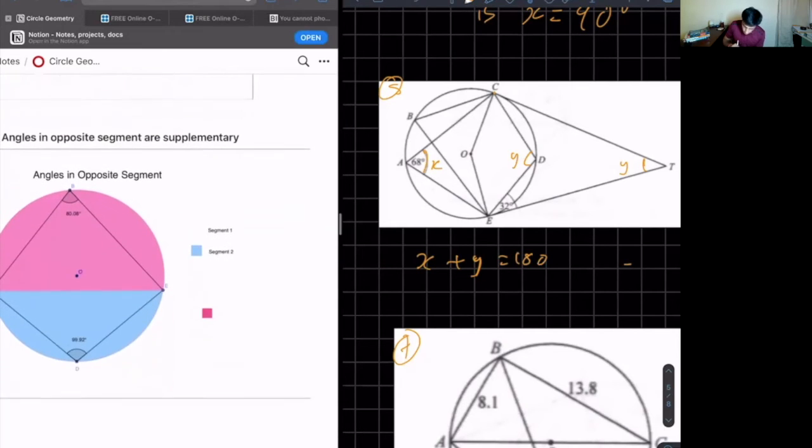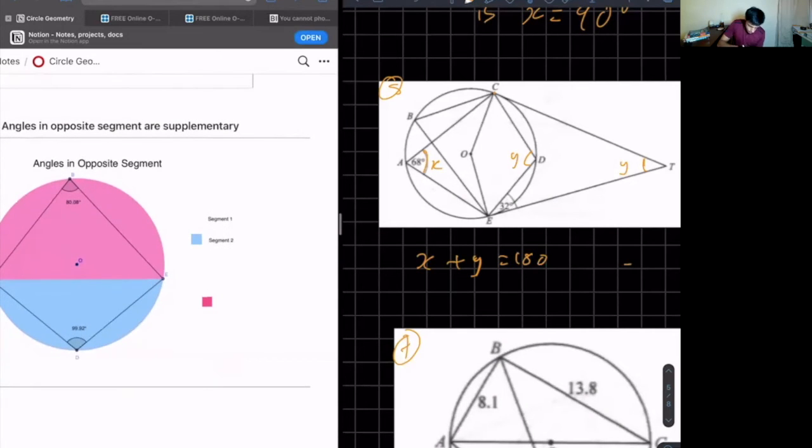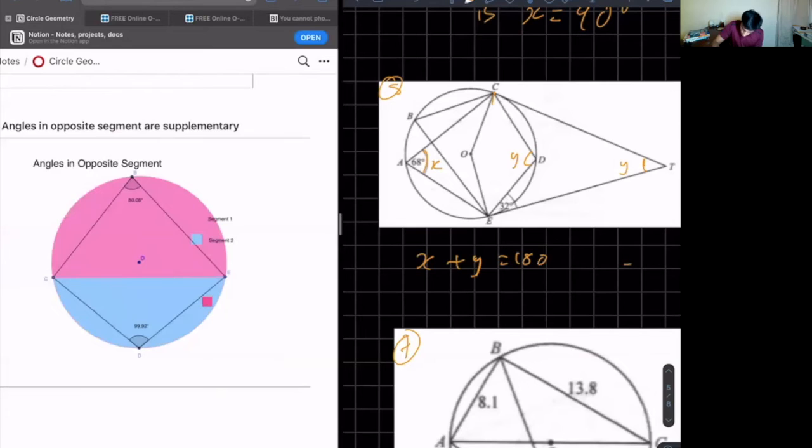Actually, I guess we haven't done this before. That's using this diagram here. If this is your segment, then this is one angle on one side of the segment at the circumference, and this is the other one. So x plus y is 180. Notice we saw this in this rule. If you did not get this, write this down in your notes.